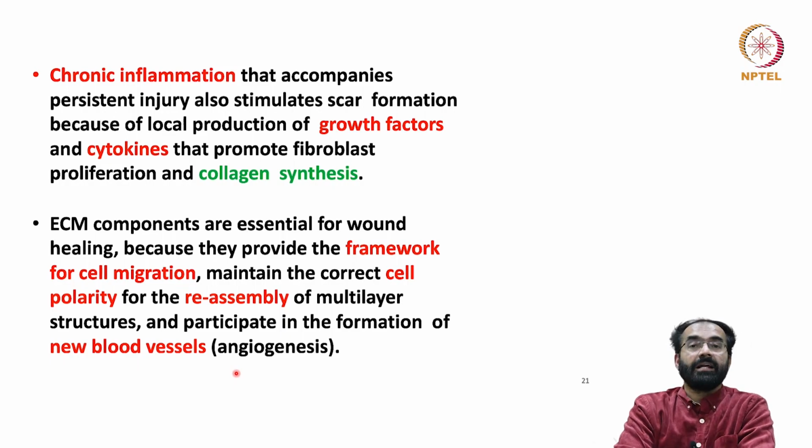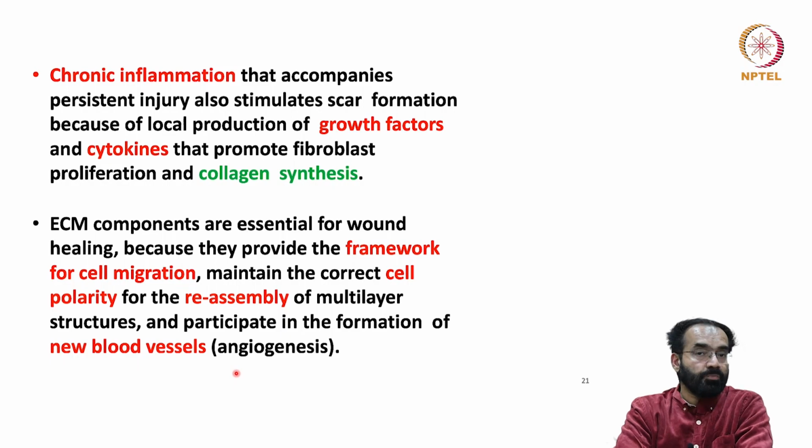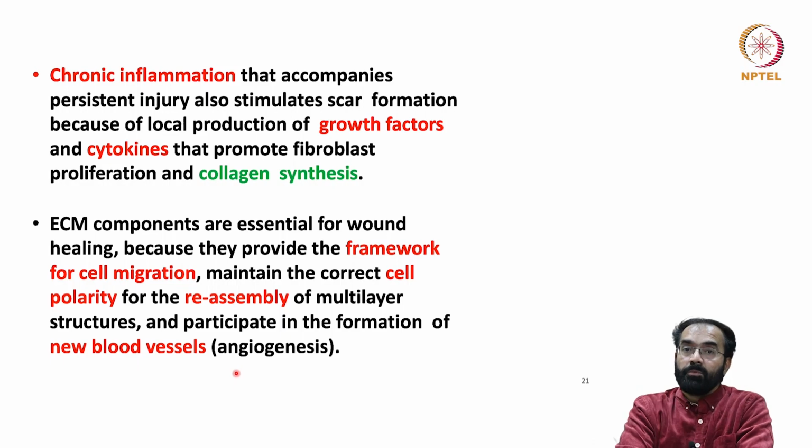The cells respond, which is facilitated by growth factors and cytokines, leading to the production of proper extracellular matrix. If there is too much deposition of collagen, then a severe scar will be formed and you cannot have enough number of cells. But if the injury is in a manageable state, what will happen?